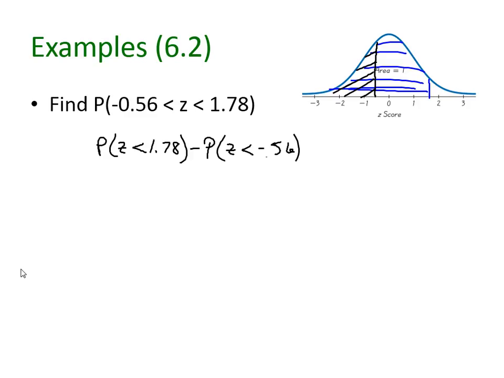Your z-scores are along this left column and across the top. It takes both parts to figure out where you're at. The 1.78, the 8 across the top tells me my hundredths place. We come over here to the 1.7, and we find that one spot where those two things meet. The probability that's less than the 1.78 is your 0.9625. Questions finding that?